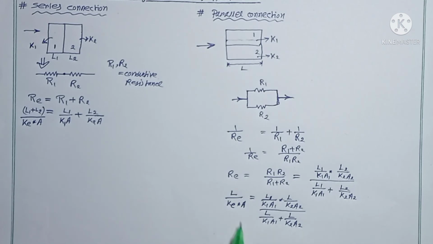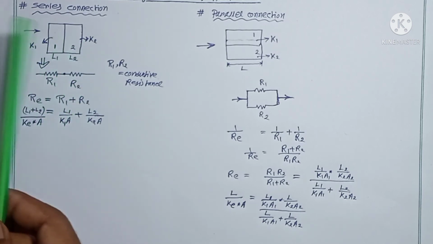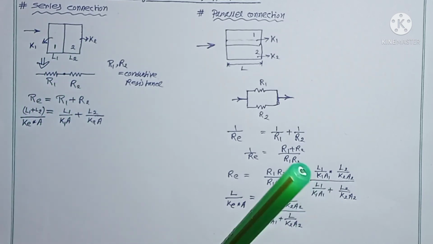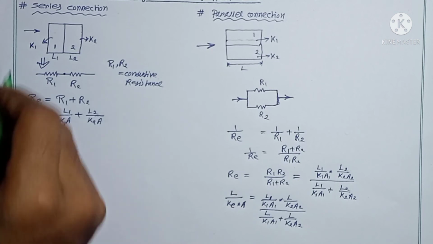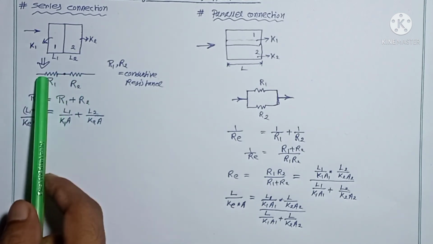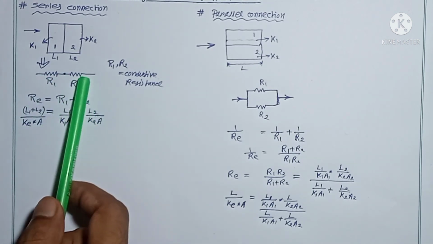So I hope this is clear. If in case of a plain slab any question comes where you have to decide whether a series or parallel connection is present, then you can remember the concept. First observe the direction of flow, this is point number 1, then decide whether it is a series connection or a parallel connection. Then, step number 2, convert it into an electrical circuit.